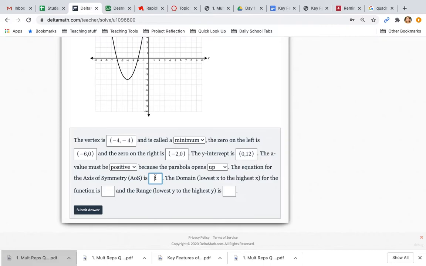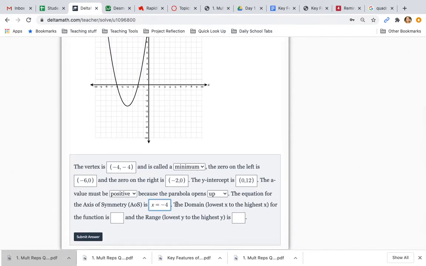But I'm going to type in x equals -4. If I do not put the x equals, it will be wrong. Notice I did not put any spaces or anything. Straight up, x equals -4. And the equals key, by the way, is to the left of the delete key in the upper right-hand corner of your keyboard.